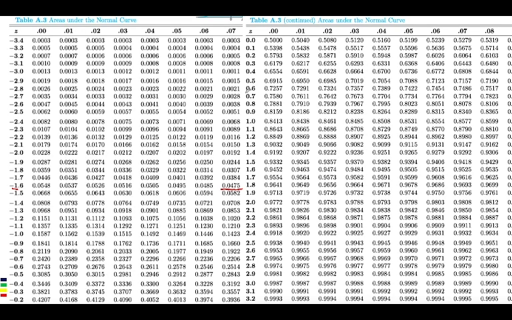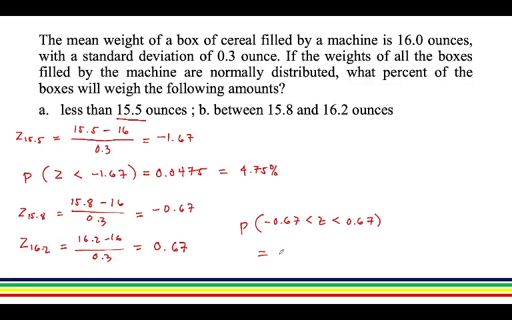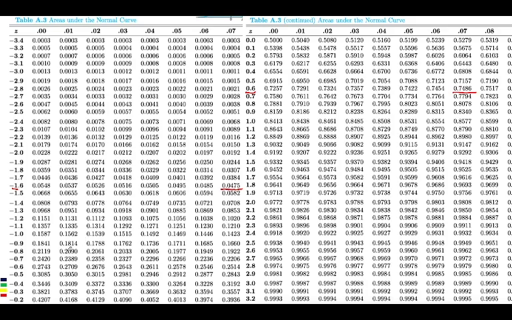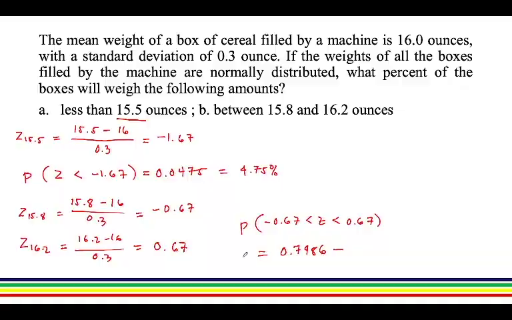From the table, positive 0.67 is equivalent to 0.7486 minus negative 0.67 is 0.2514, and this is equivalent to 0.4972.